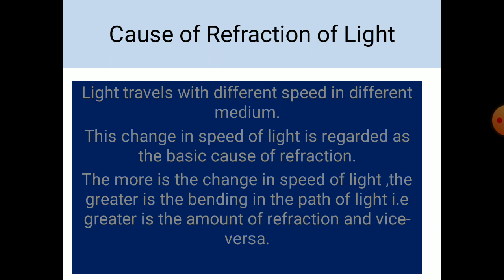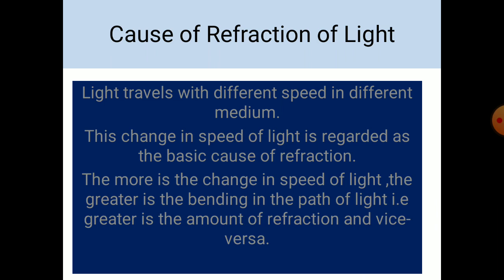Now, why does refraction take place? What is the cause of refraction of light? Light travels with different speeds in different media. The speed of light in vacuum is 3 lakh kilometer per second, or you can say 3 into 10 to the power 8 meter per second. The speed of light when it enters water, oil, or glass does not remain the same; it changes.